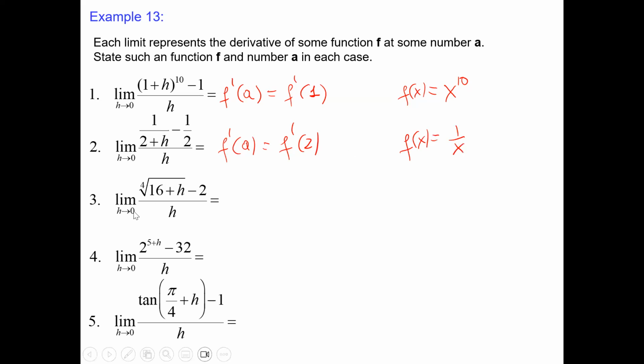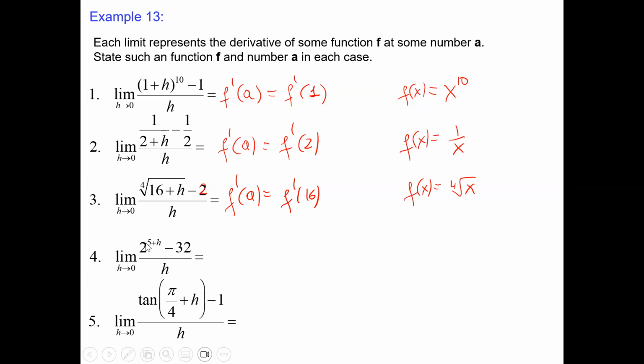Okay, limit as h goes to 0 of the fourth root of 16 plus h, minus f of a. It's 2, but this time we know that this is f of a. And this is the derivative at a, the derivative at 16, of the fourth root of x. The fourth root of 16 is 2. Yeah, and the fourth root of a plus h is 16 plus h.